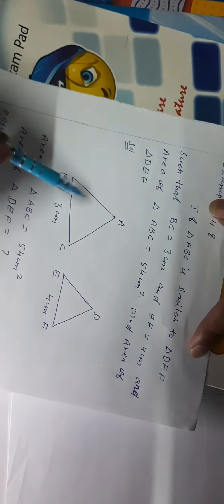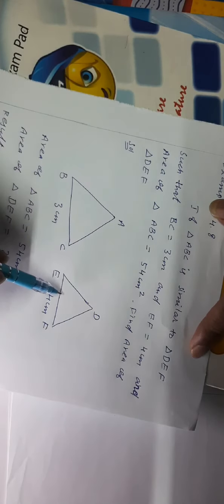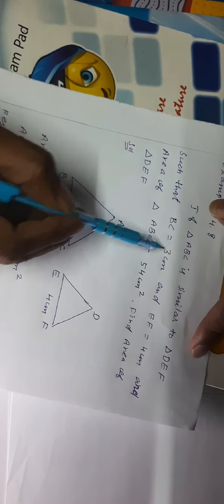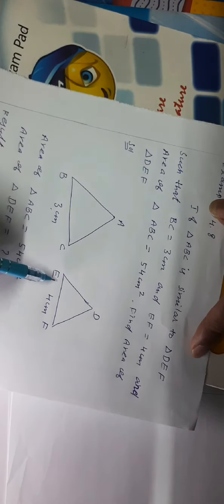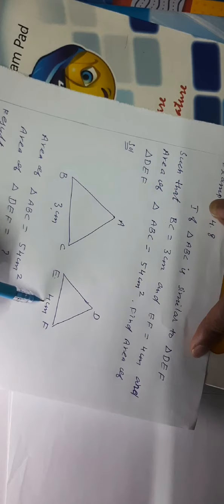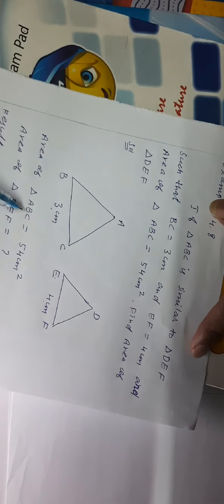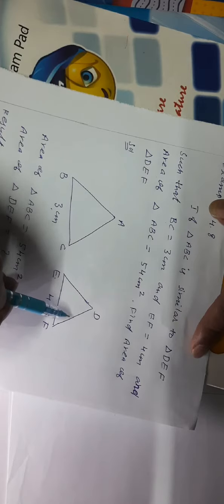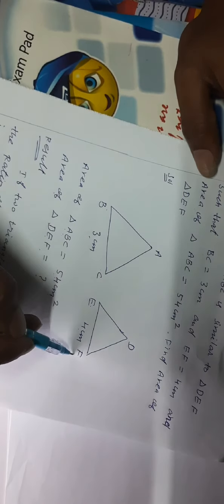Then BC is equal to 3 centimeters and EF is equal to 4 centimeters. The area of triangle ABC is 54 square centimeters. Now you want to find the area of triangle DEF.